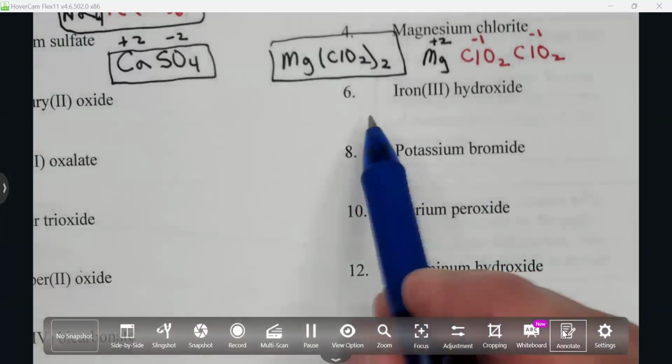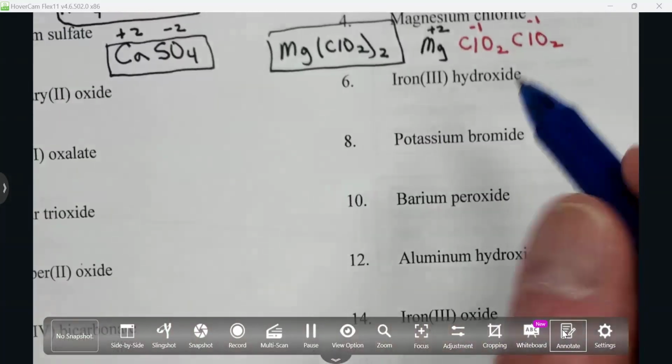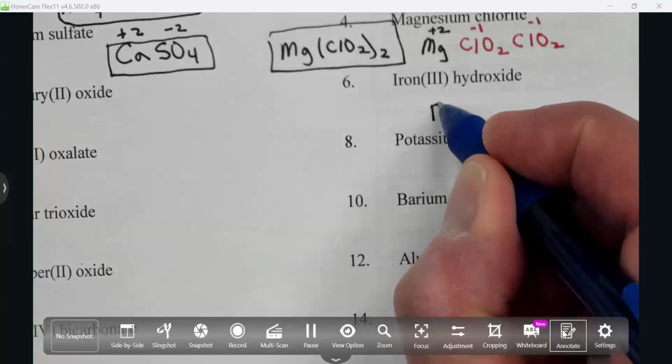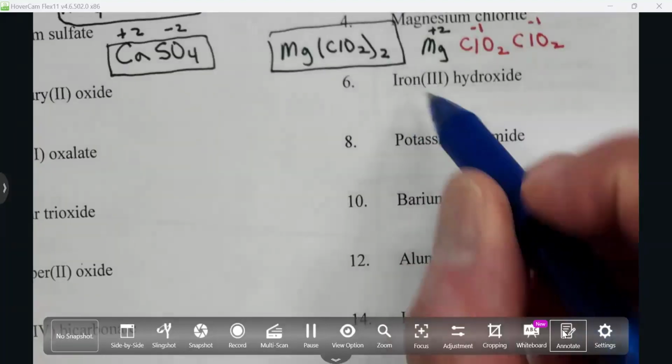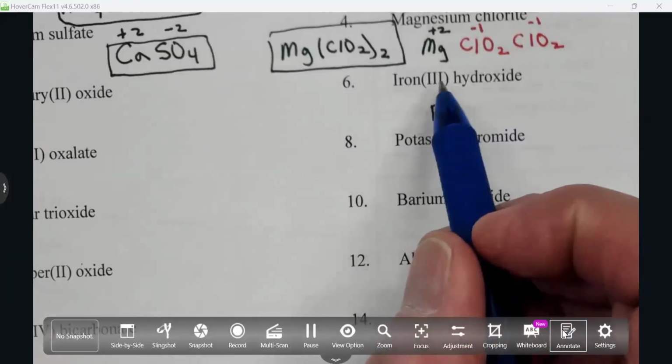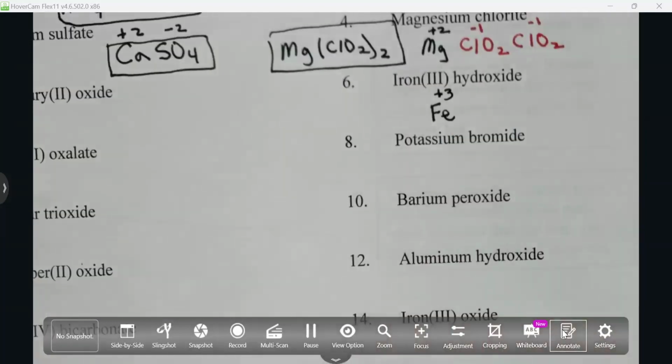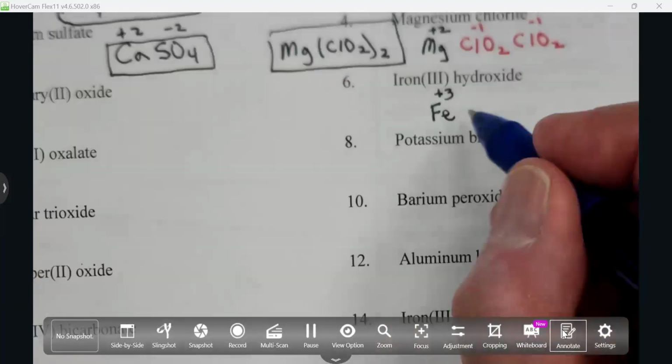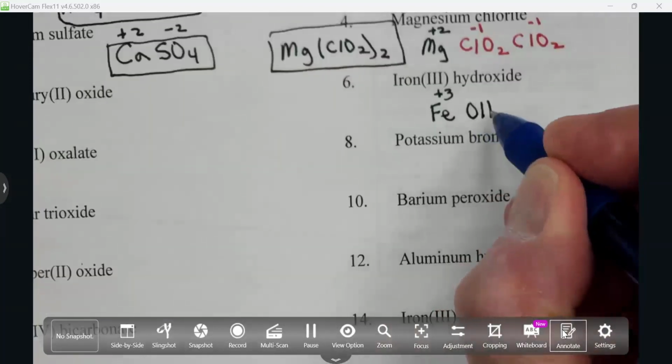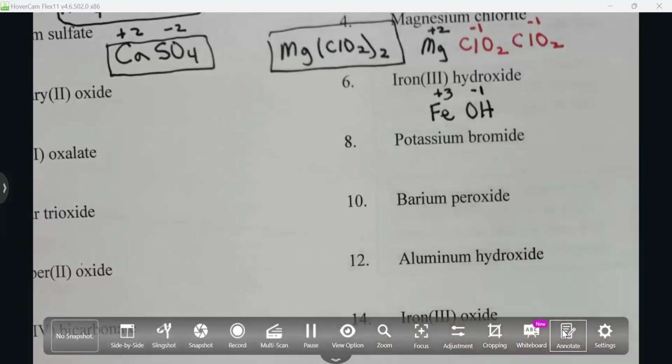Number 6, I want to do because students typically do not put a parenthesis in and they need to. This is iron(III) hydroxide. Hydroxide is OH -1.